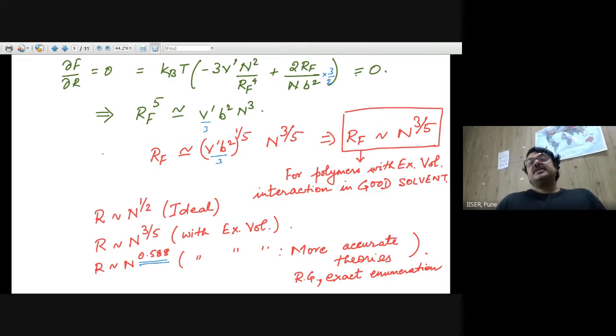However, when you include the excluded volume effects, this R_F goes from n to the power half to n to the power 3 by 5, 0.6, right? This is for polymers with excluded volume interaction in good solvent, and this gives you an estimate of the size of the chain. Now you say, okay, it was n to the power 0.5, instead it has gone to 3 by 5, which is 0.6, and why should you care?